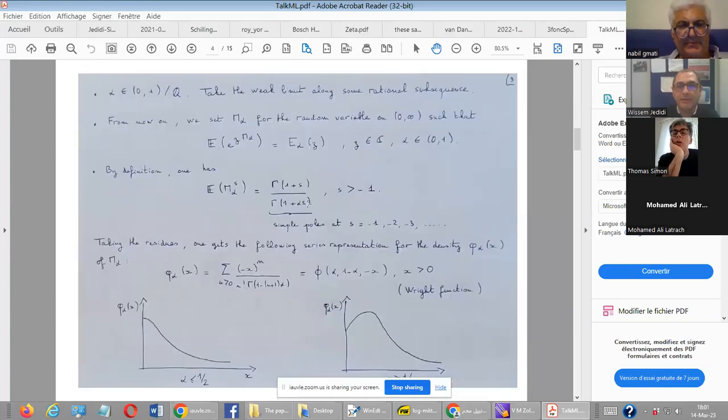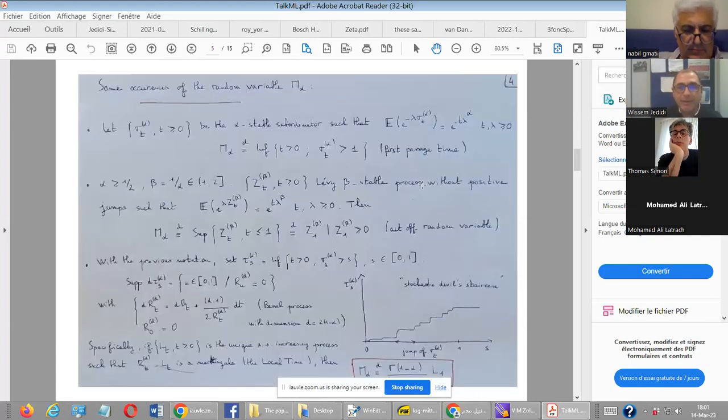This is what Feller did, actually. But this is just a way of building this random variable. Of course, this is the negative power of the positive alpha stable random variable.